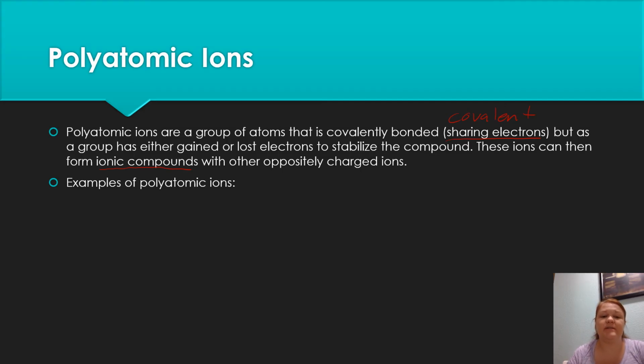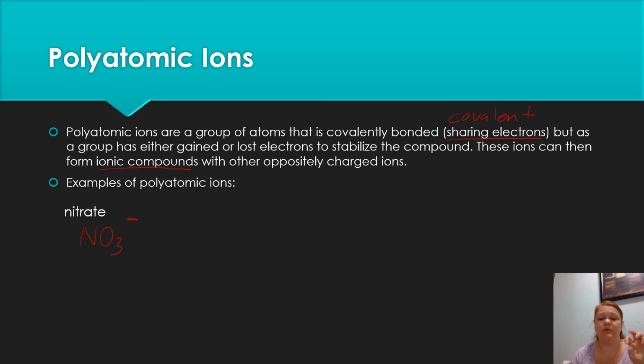So we're going to take a look at just some examples of polyatomic ions. Some of these might be familiar from last year. Nitrate, and its symbol is NO3. So it says we have 1 nitrogen, we have 3 oxygens, and that whole thing together has a -1 charge. So that means it's gained 1 extra electron.